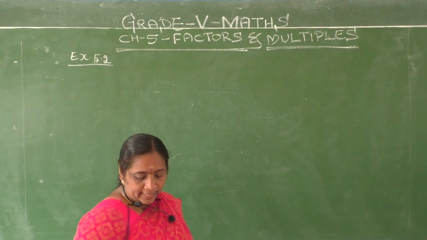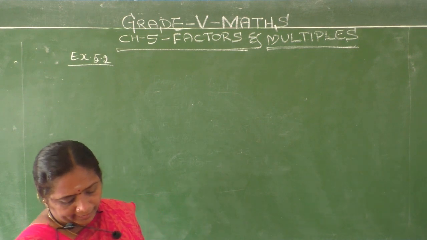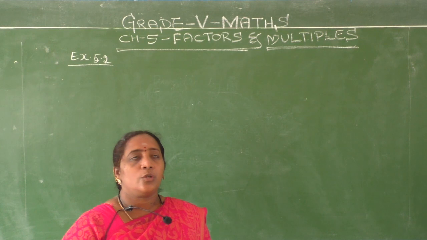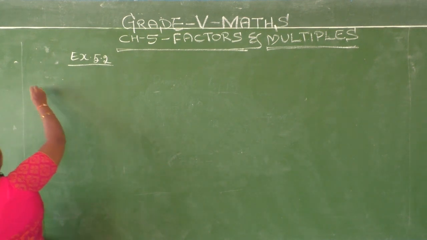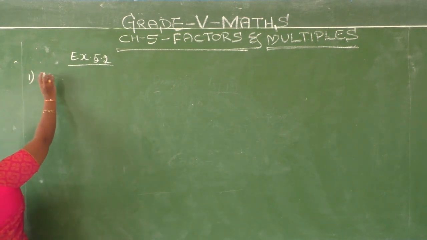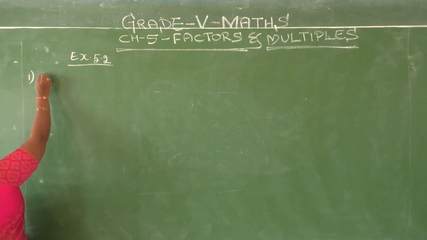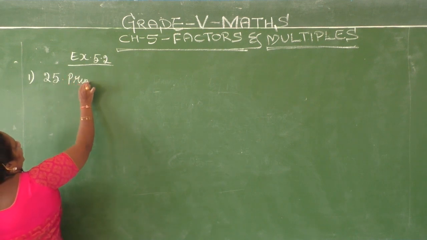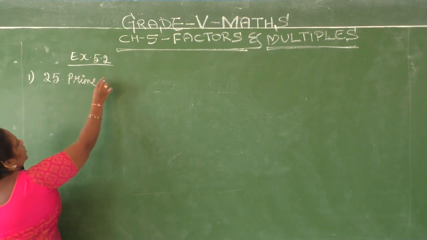So now here they are asking, write the prime numbers between 1 and 100. So I am writing: between 1 and 100 there are 25 prime numbers. How many prime numbers are there? 25 prime numbers are there.